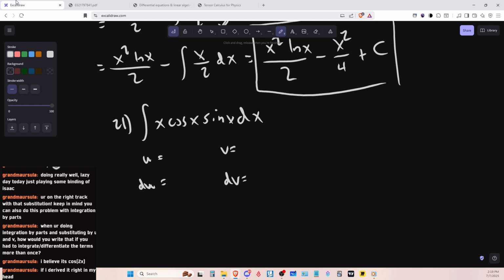Yeah, I keep feeling it might be that, although I feel like it's missing something, like cosine times 2.